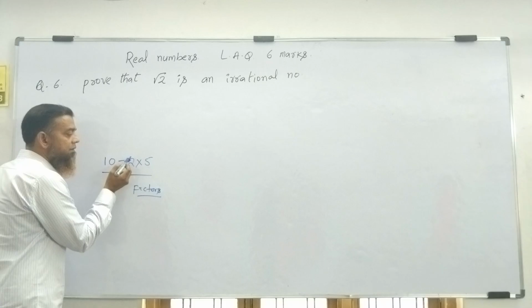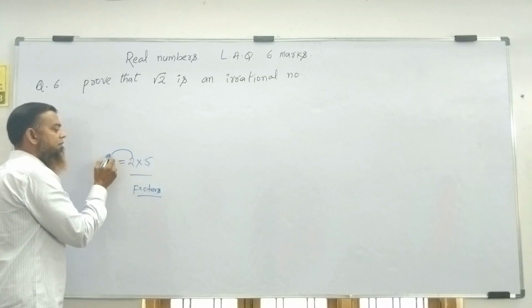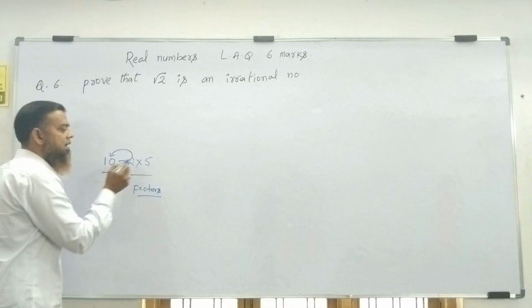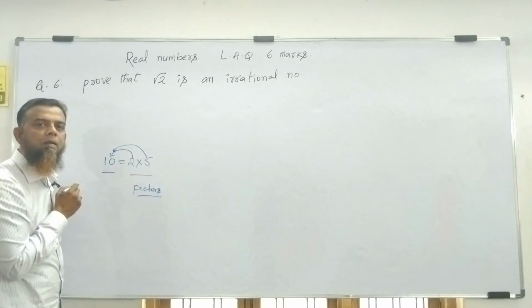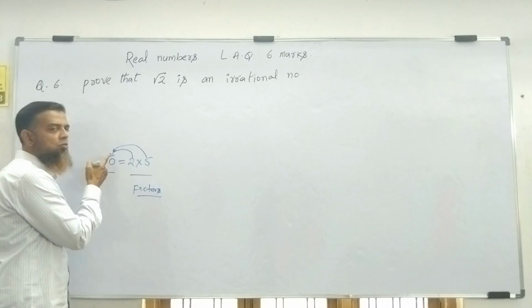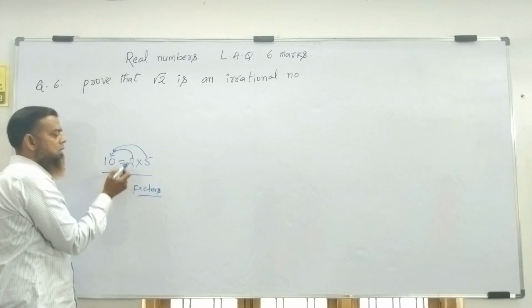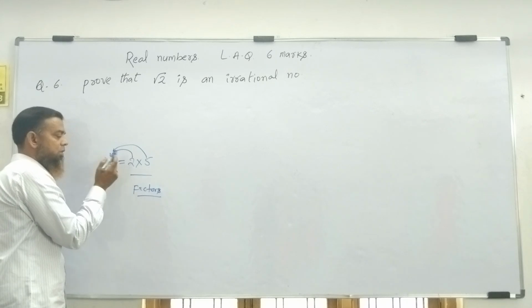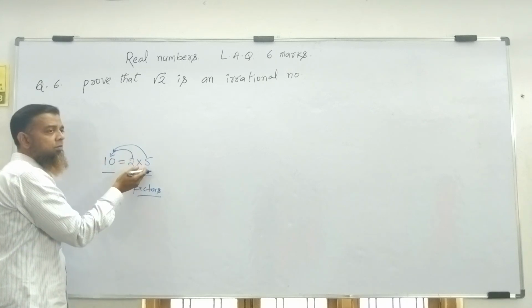From 2 to 10 I am telling here, 2 is the factor of 10. 5 is the factor of 10. Direction is most important. From 2 to 10 we are writing the relation here. 2 is the factor of 10 because 10 is equal to 2 into 5. From 10 only we are getting these two numbers 2 into 5.